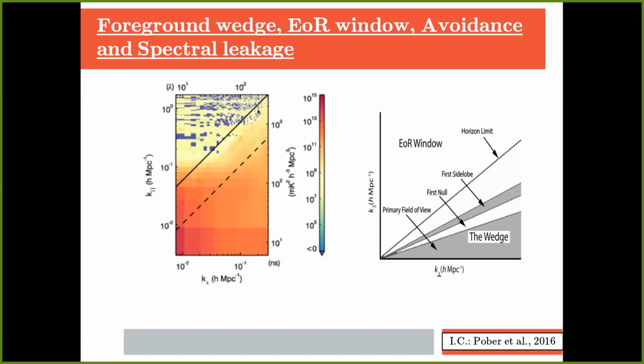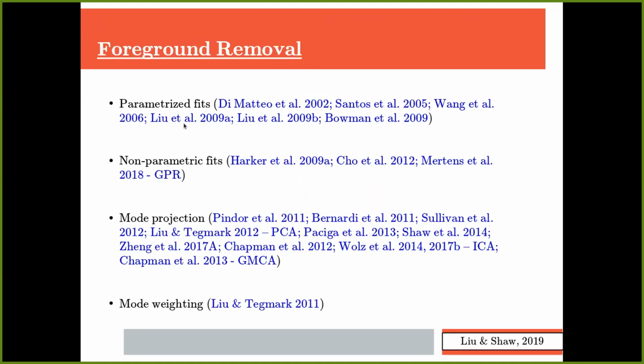However, in this technique, we lose all the information that is in this lower K region, which is where the signal is expected to be stronger. Also, by removing the foregrounds from here, we can decrease the leakage in the 21 centimeter window portion. This is why people try to model the foregrounds and remove them from the data.